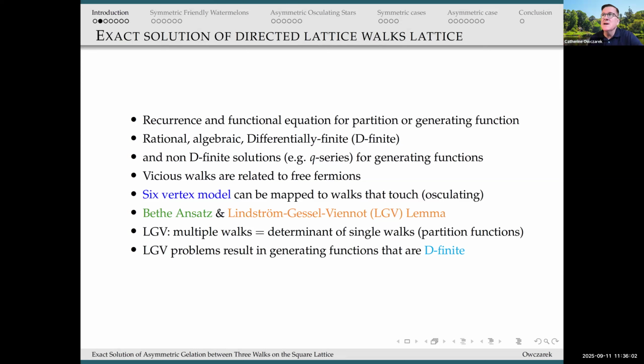Multiple walkers in this lemma give you a determinant of partition functions of single walkers, and that arises effectively because of the lemma, but it's clearly related to the Bethe Ansatz. But an interesting thing to point out is that in these problems your generating function is always D-finite, and we have found non-D-finite solutions. So some of the techniques for solving these problems can go beyond what you can find in that one.